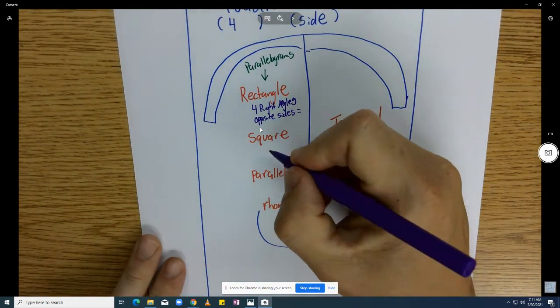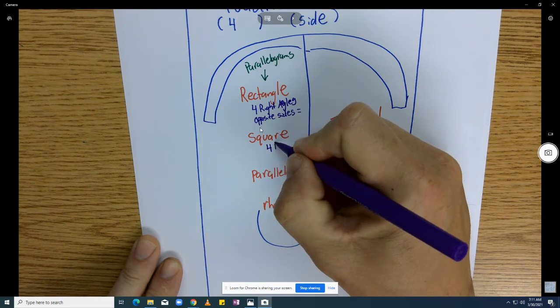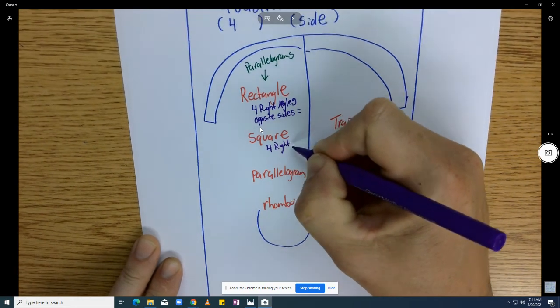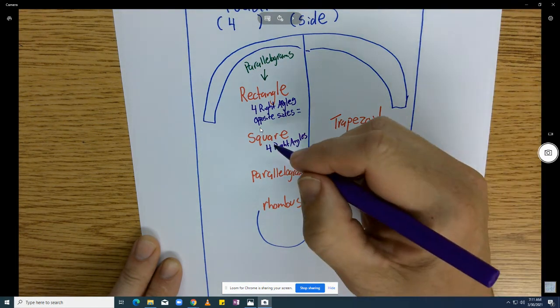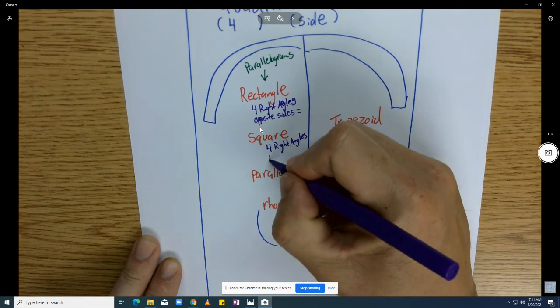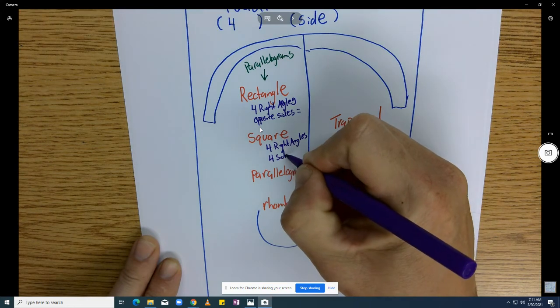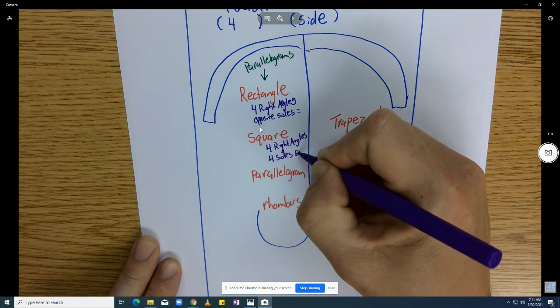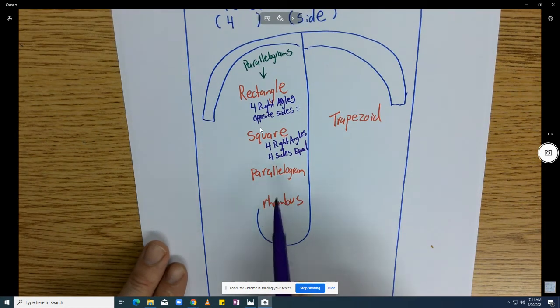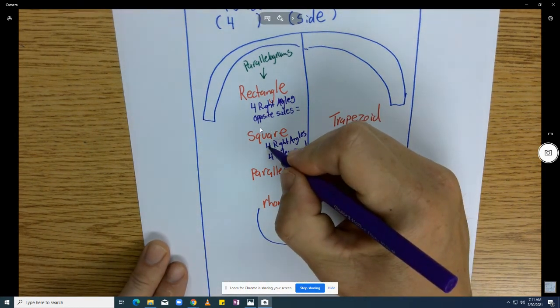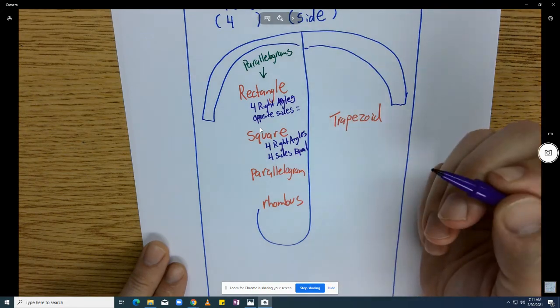What is a square? A square has 4 right angles, and a square has 4 sides equal. So all the sides are equal, right? A parallelogram does not have any right angles, but I'm not going to write that.